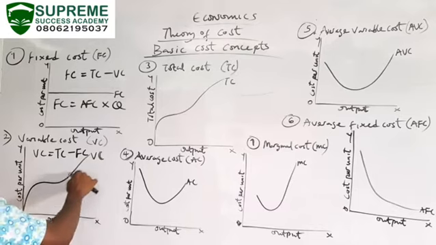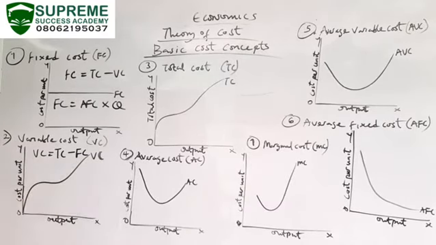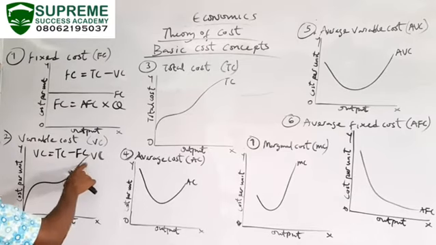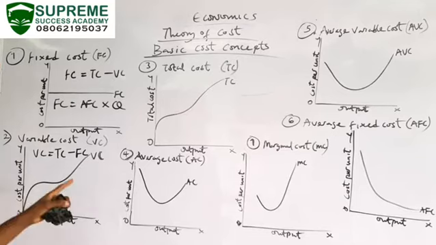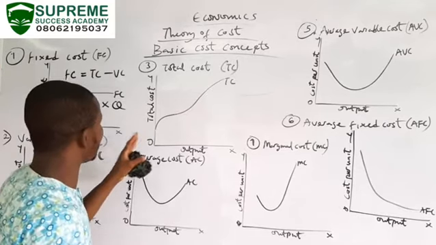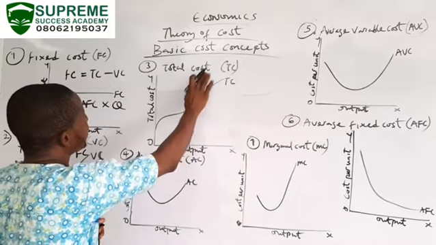You can see the diagram. It will always vary with the level of output. That is, when the output increases, variable cost will always increase, and when the output decreases, variable cost will also decrease.